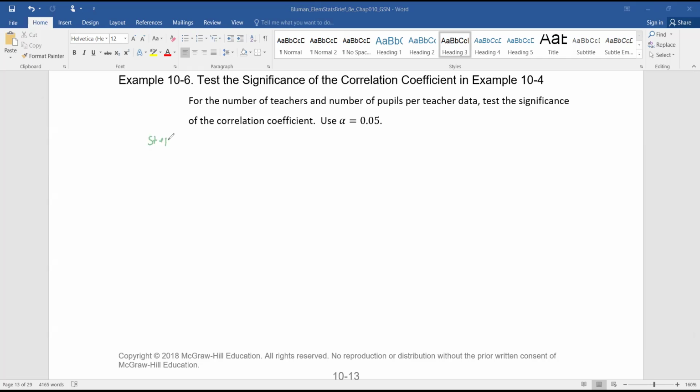So we can see that step 1 here is we need to state the hypothesis. Our null hypothesis, again, will always be that rho is equal to 0, which states that there is no linear correlation between the number of teachers and the number of pupils.